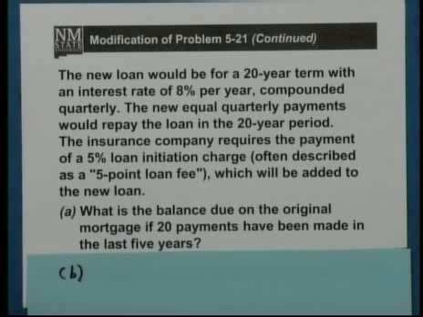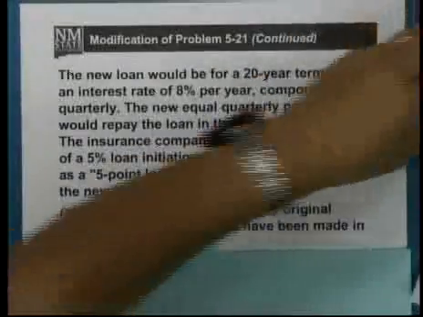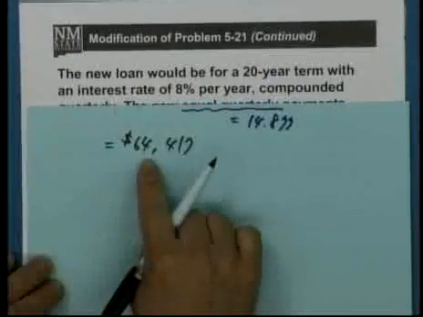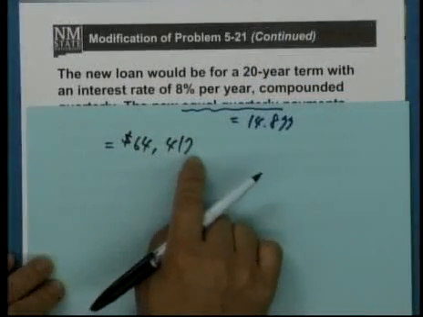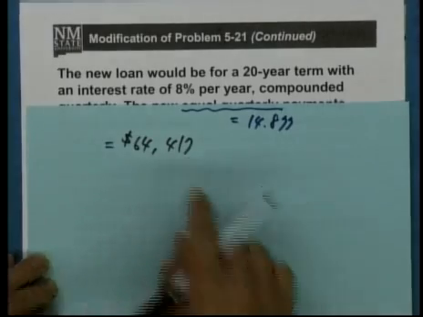Currently, the balance due is $64,417 from part A, right?